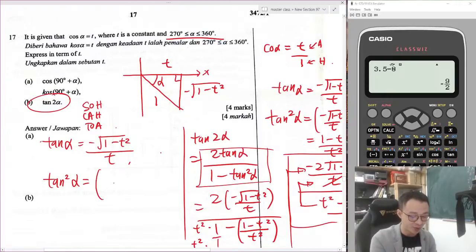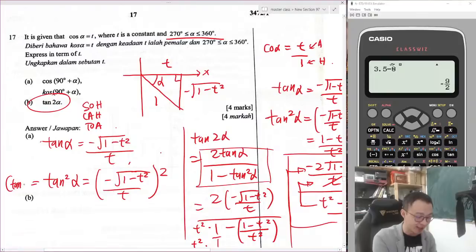So this one will be square root. Square. Why square root? Square the whole thing. Yeah, because tangent square alpha is same meaning with tangent alpha square. Alright, so this is the reason why square and square root I can cancel it out. So I will get 1 minus t square. But I need to square bottom as well, so I got t square.